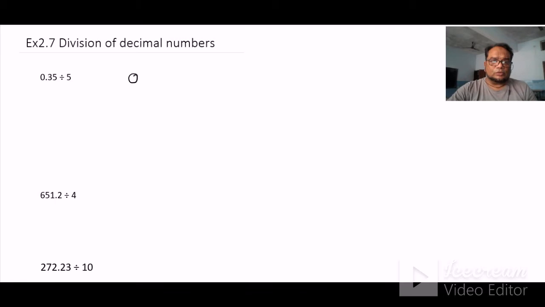Here 0.35 is divided by 5. So the first basic step is to remove the decimal. So it becomes 35 upon 5, and in the numerator after the decimal there are 2 digits. So multiply it by 100 because 100 has 2 zeros.